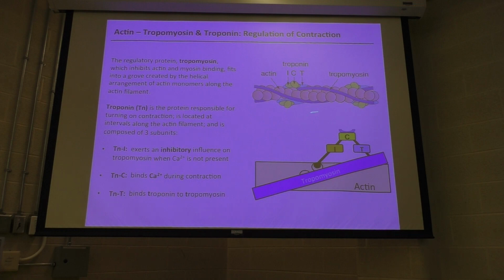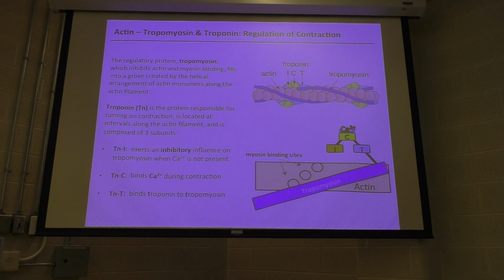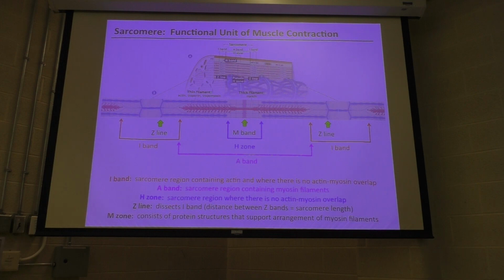You have the calcium binding domain, troponin C, and then troponin T just binds troponin to tropomyosin. You can experimentally isolate these, and in our lab we do a lot of biophysical measurements on these things, so they're separate entities. And calcium comes in, removes the inhibition, and then opens up the binding sites. Okay.